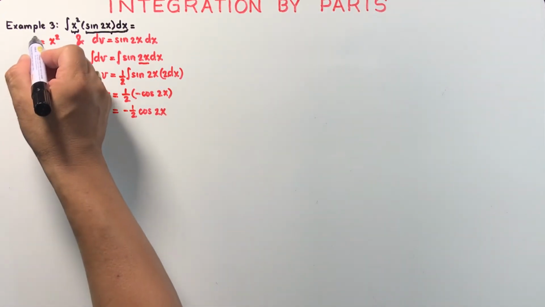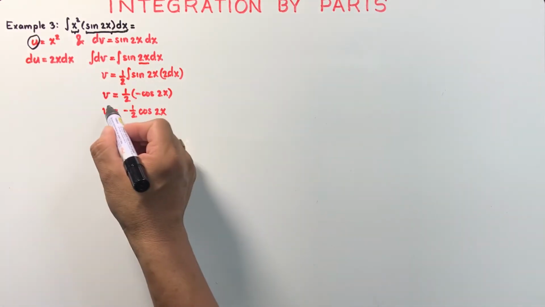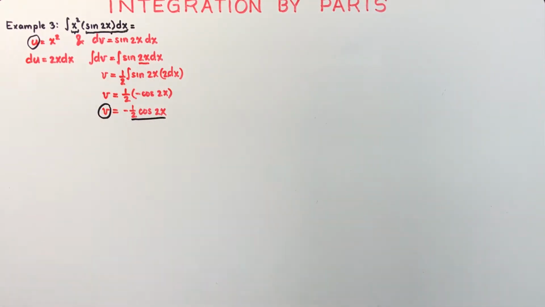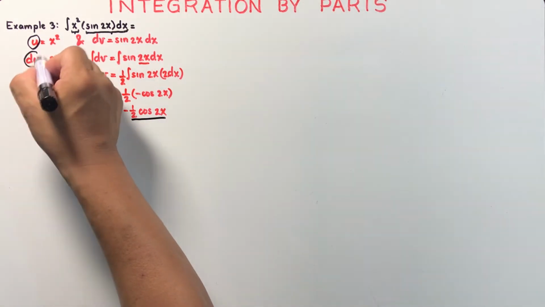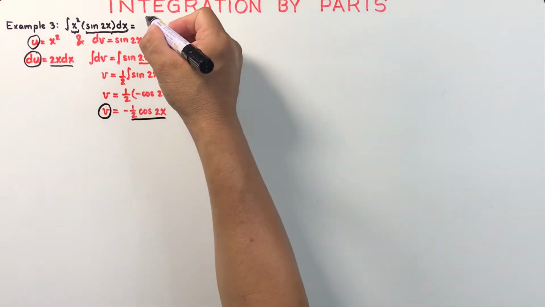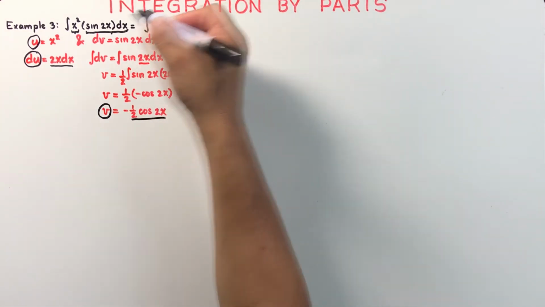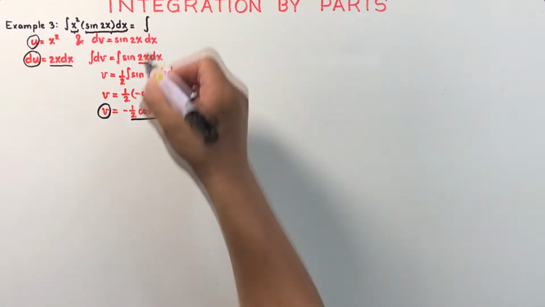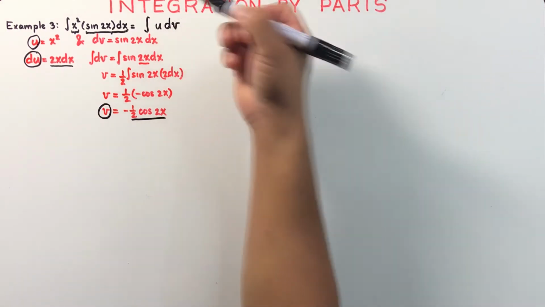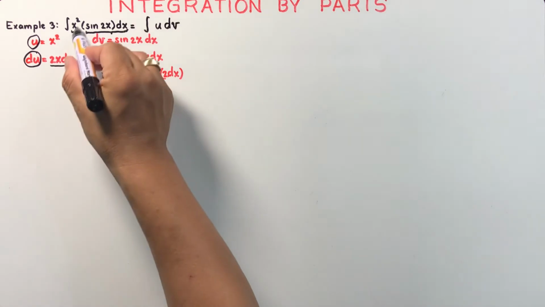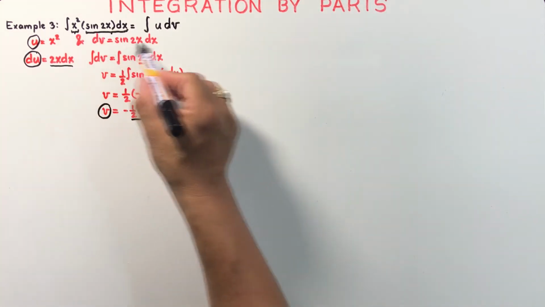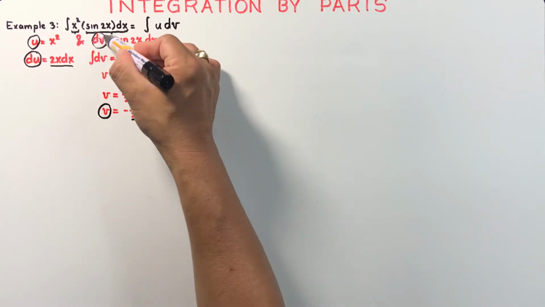Now that we have our u and we have also our v, because we can integrate this dv here and also our du here from our u, then we can substitute that one to our integrand. So this is equal to the integral of u dv, because this x squared is our u and this sine 2x dx is our dv here.